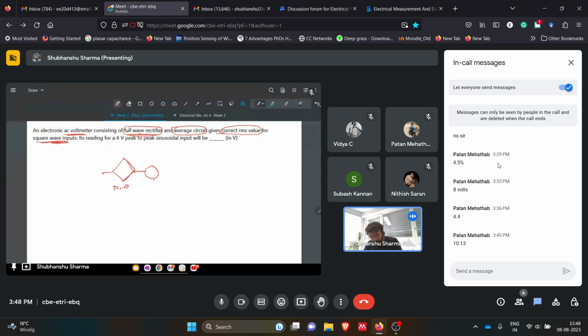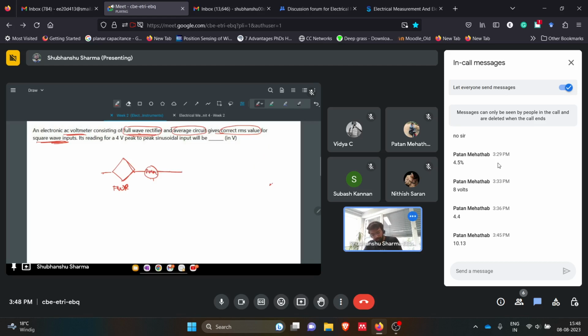So this is the full wave rectifier with diodes inside, and then we have a PMMC. It is something you have seen like this, and just for ease of understanding, I'm making it like this. So we have then the PMMC meter.